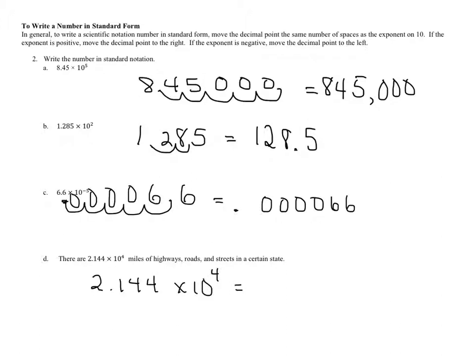So if I move it to the right 4 places, 1, 2, 3, 4, add a 0, not lazy, write the number out again, there it is, 21,440 miles. I'll label that miles since it's not just a generic number.